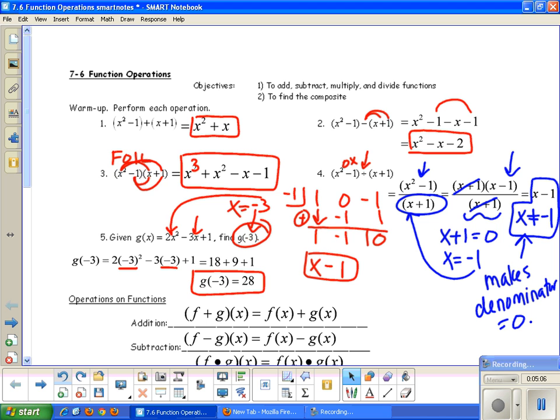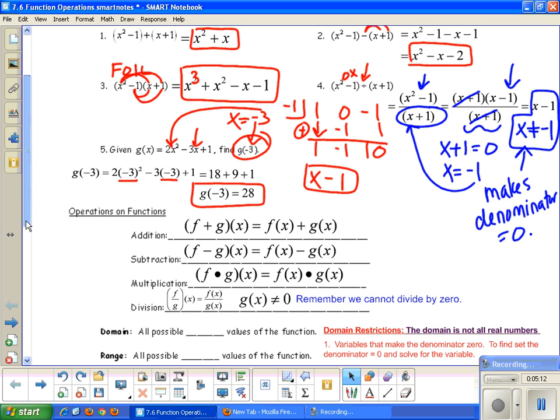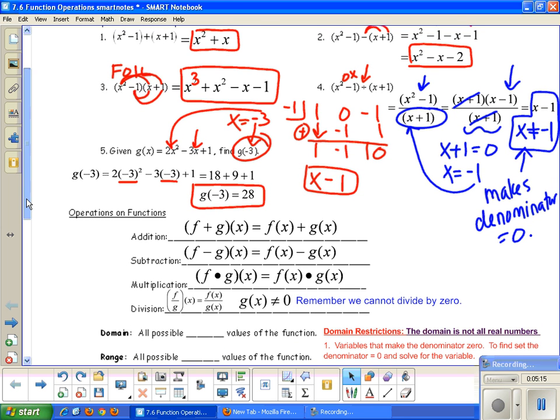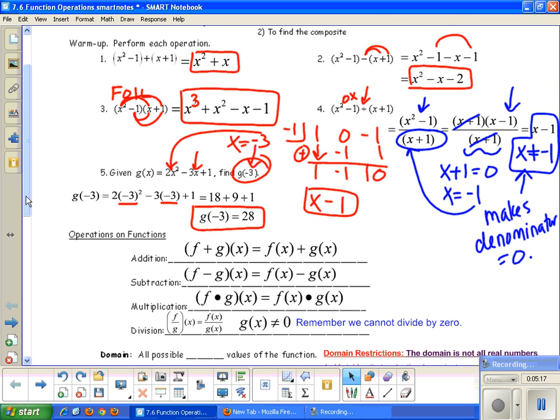So now we're applying all of what we just learned and all this notation to operations on functions. You're going to want to write these operations down. For addition, if we have f plus g of x, it's equal to f of x plus g of x. For the next one, f minus g of x is f of x minus g of x.